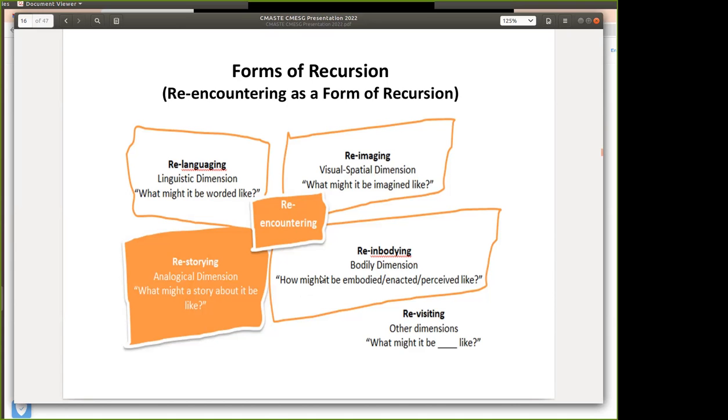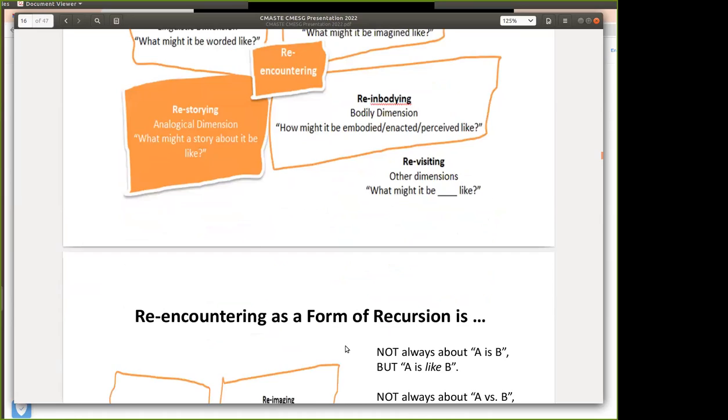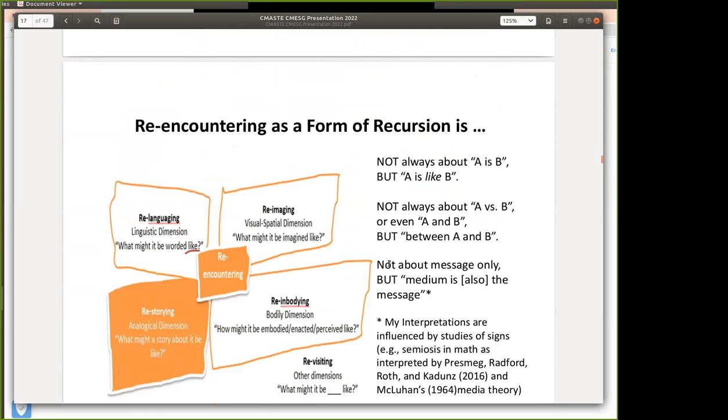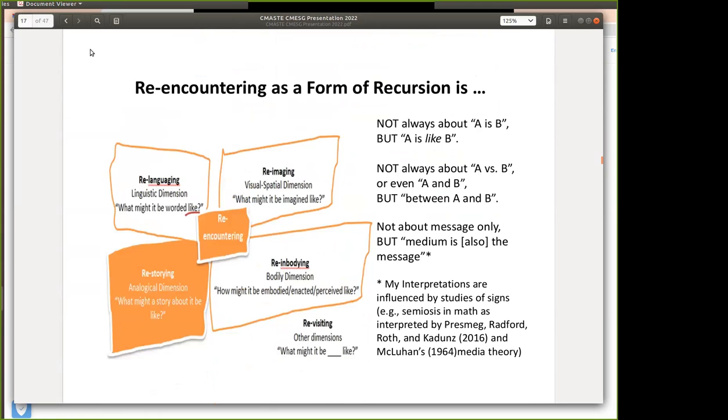Okay, the difference is I'm not focusing on "be." I'm focusing on "be like." So you can see there's a keyword here, "like." What might something be worded like? What might it be imaged like?